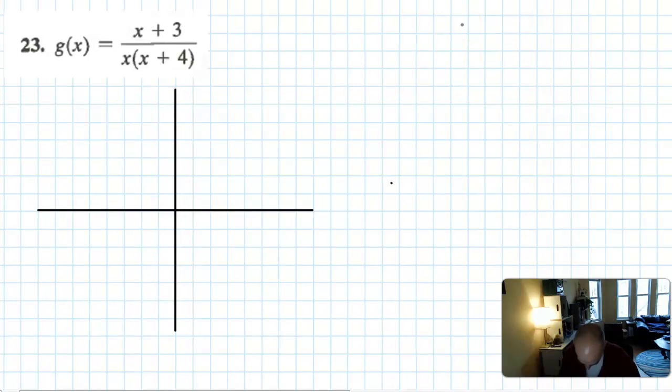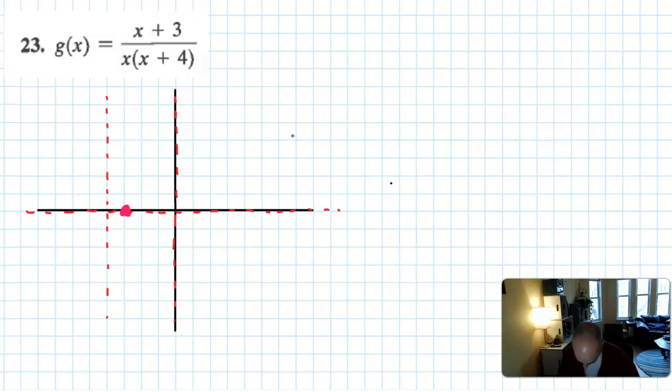So we're going to have a vertical asymptote at x equals 0 and x equals negative 4. And we're going to have our x-intercept at x equals negative 3. It's bottom heavy, so our horizontal asymptote is going to be at y equals 0. And so we are going to be crossing the asymptote in the middle, something like this or like this probably.